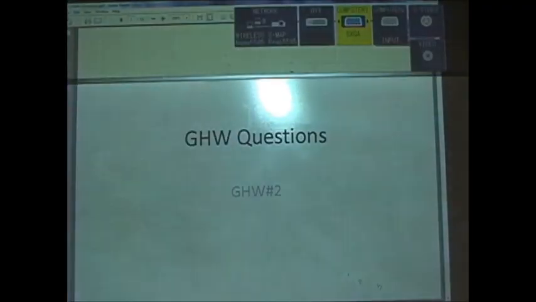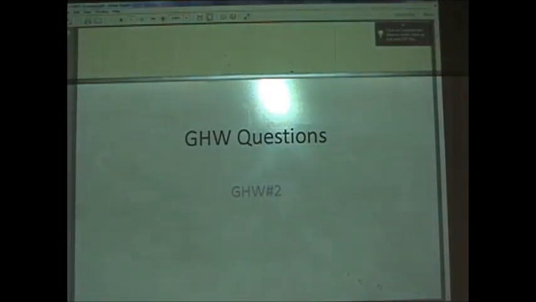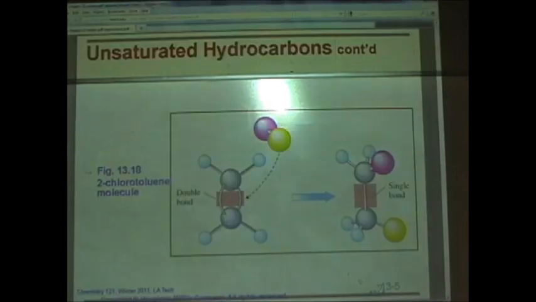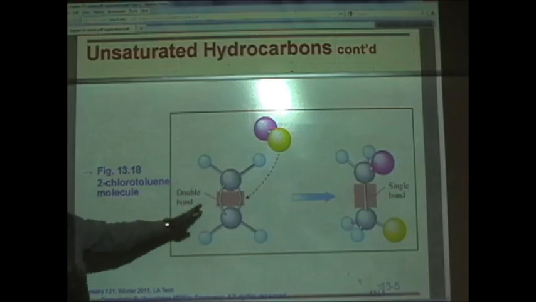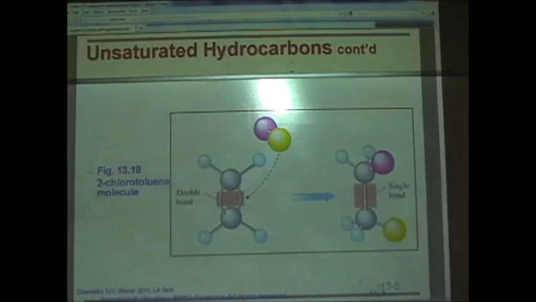Okay. We are continuing on group homework 2. Now, one of the other things I wanted to show you is that this double bond creates a molecule where you have a rigid structure.